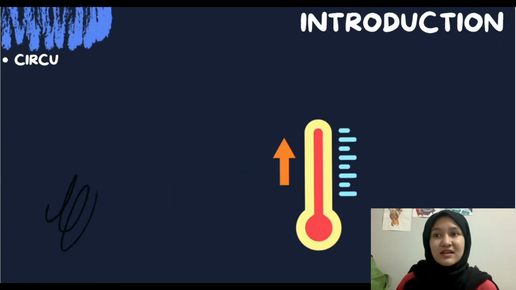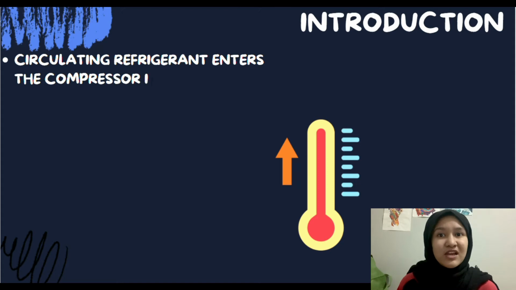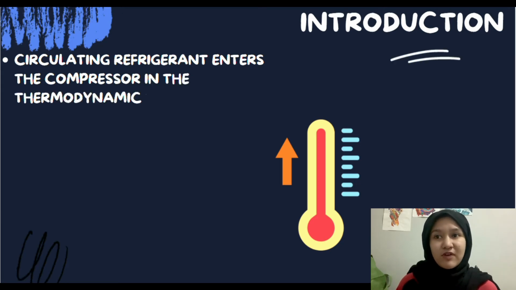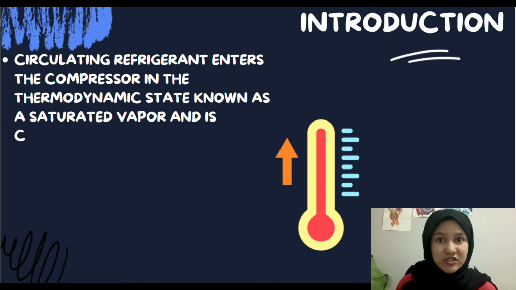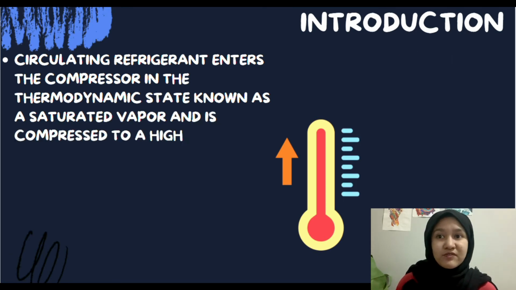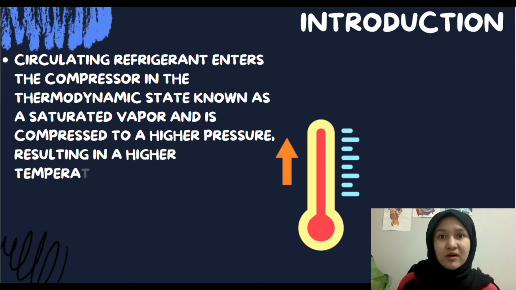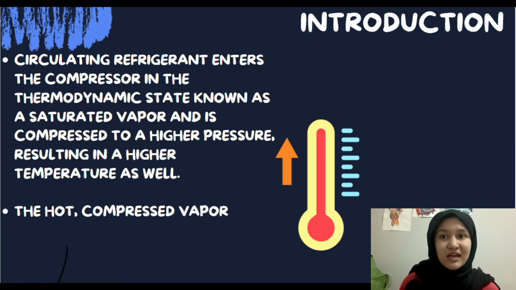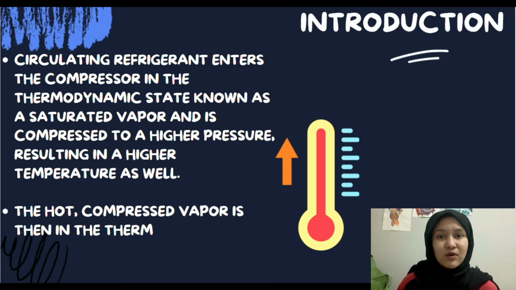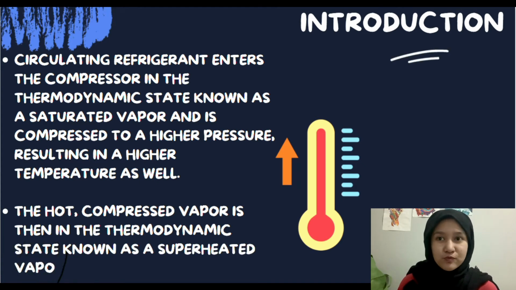The circulating refrigerant enters the compressor in the thermodynamic state known as saturated vapor and is compressed to a higher pressure, resulting in a higher temperature as well. The hot compressed vapor is then in the thermodynamic state known as superheated vapor, at a temperature and pressure at which it can be condensed, with either cooling water or cooling air flowing across the coil or tubes.